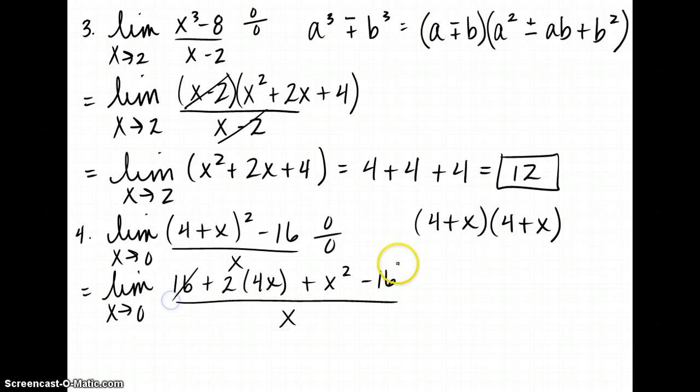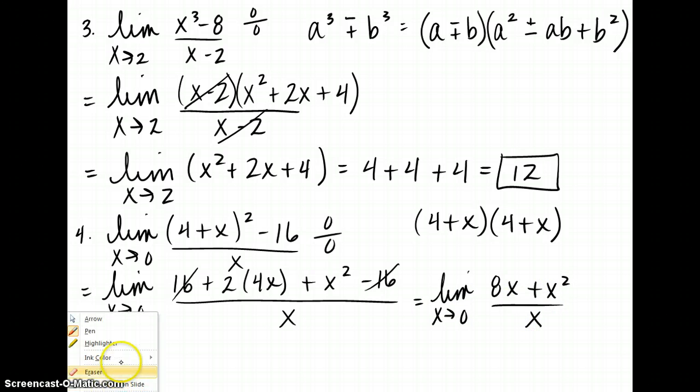Now notice these 16s will cancel. In the numerator, it becomes 8x plus x squared all divided by x. Common variable, I can factor out of everything.